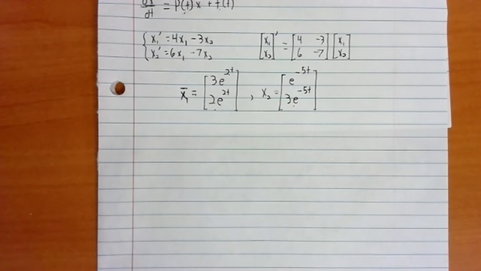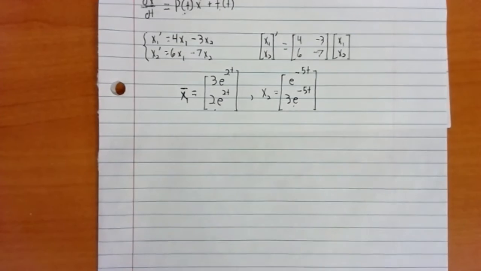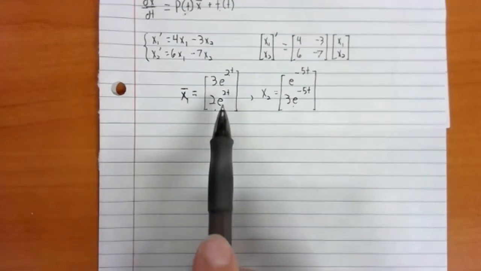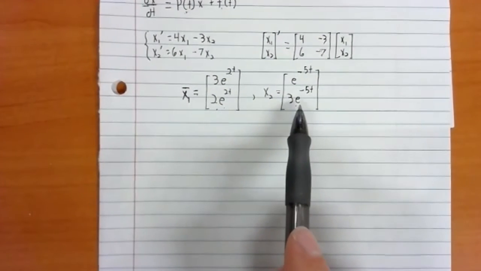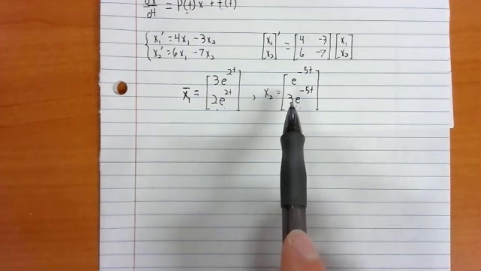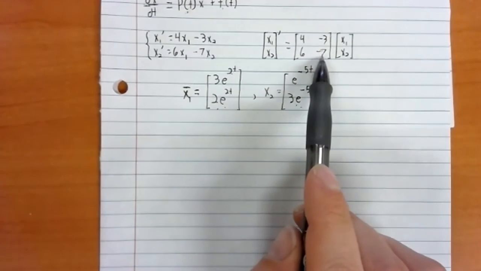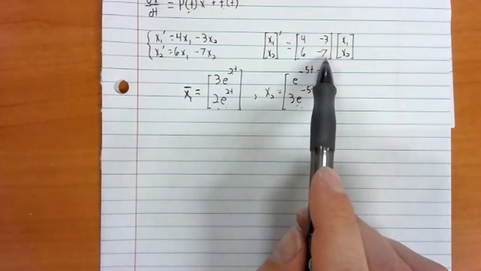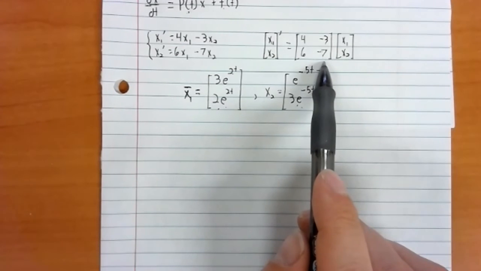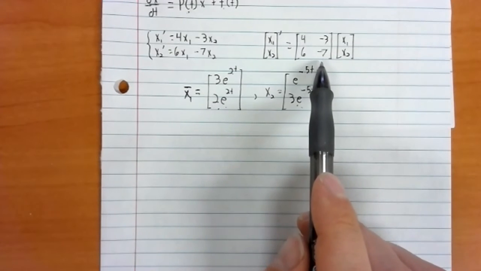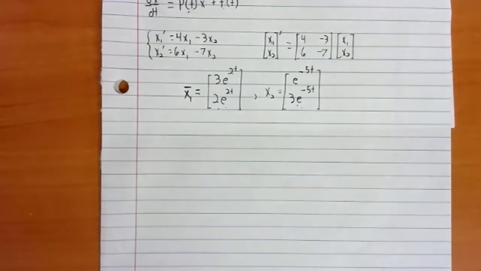And never mind for now how we got them, but because we have two of them, and this is a 2 by 2 matrix, we can form a general solution from them.